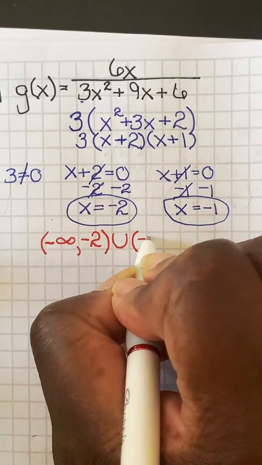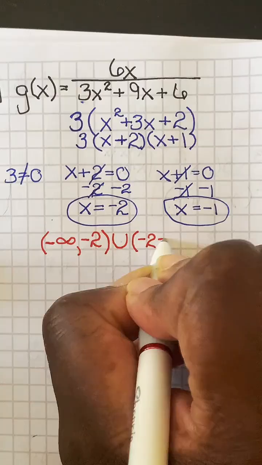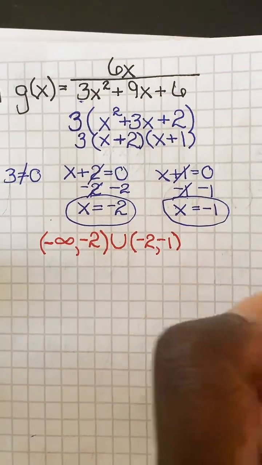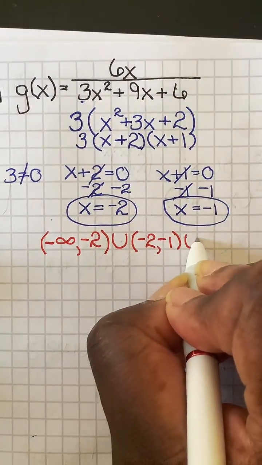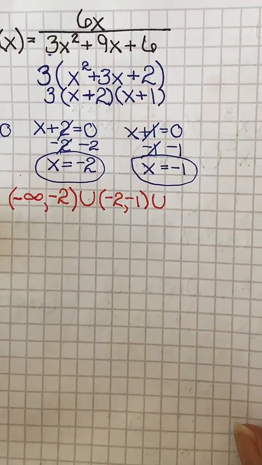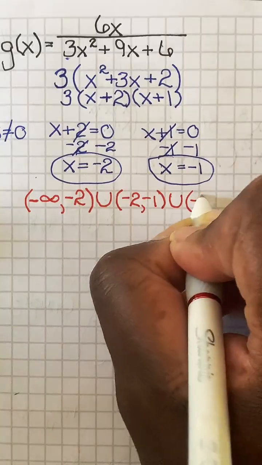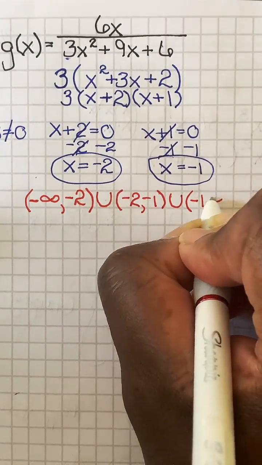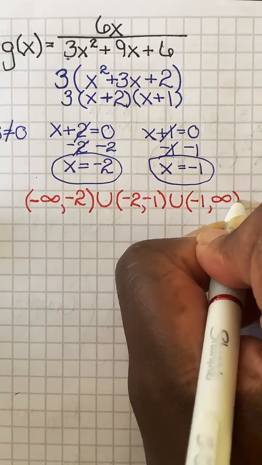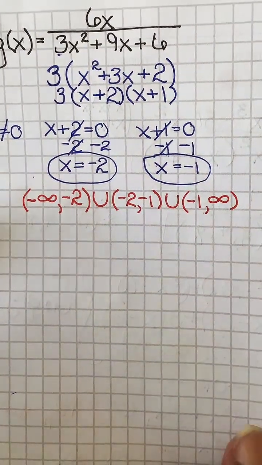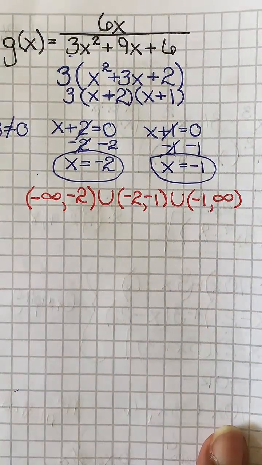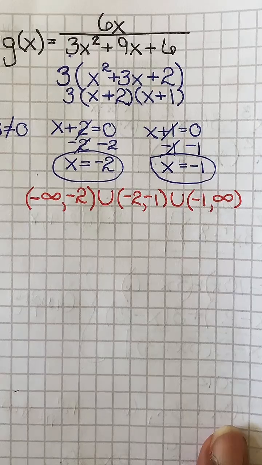Then we'll start at -2 to -1. Then we have our union. Then we go from -1 to positive infinity. That's how you will write your answer out in interval notation.